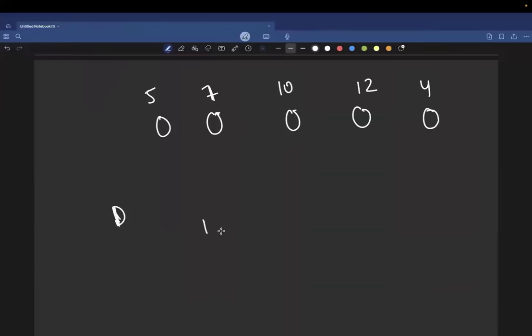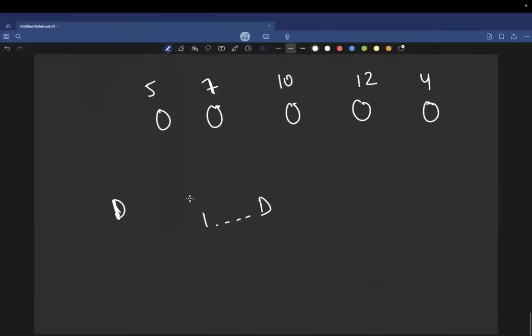So the problem is like you have, let's say, 5 piles, where in the first pile there are 5 stones, then 7 stones, 10 stones, 12 stones, and 4 stones. There is a D-sided die. Basically, it has D faces going from 1 till D. Both Alice and Bob will roll the die, and whoever gets the larger number will make a move.